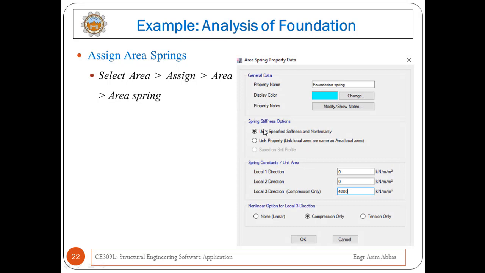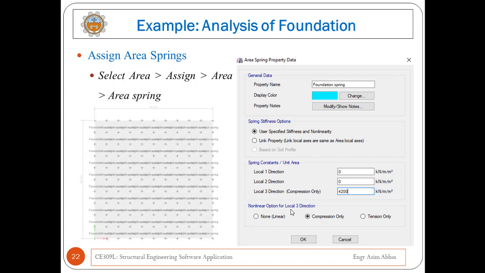From here we can assign the spring. In the case of foundation, the spring will be compression only. So I will enter the spring constant value in local axis 3 compression only, that is 4200 kilonewton per meter square, and I will choose compression only in the non-linear option for the local 3 direction. Then click on OK. So the spring will be assigned accordingly.